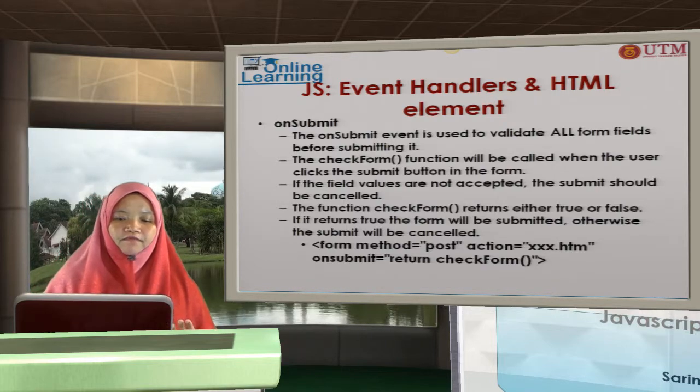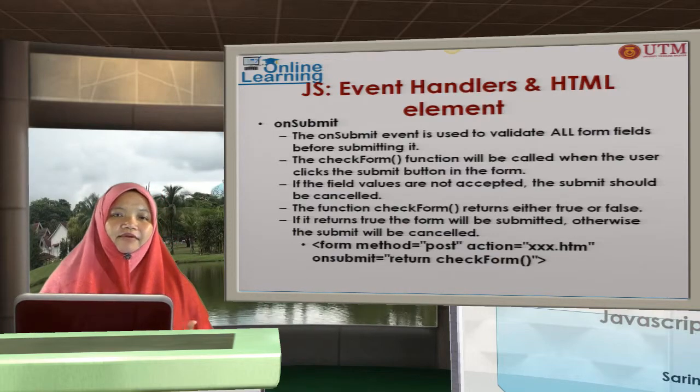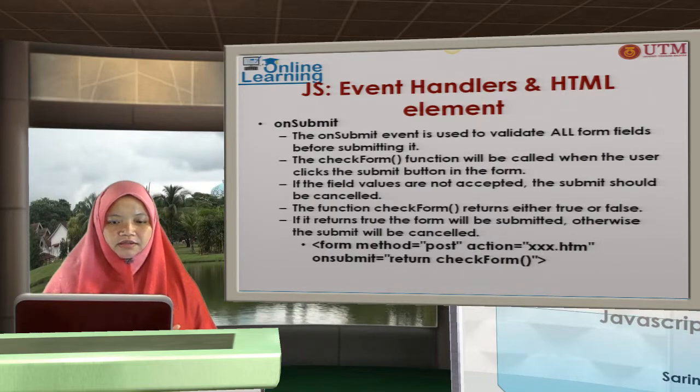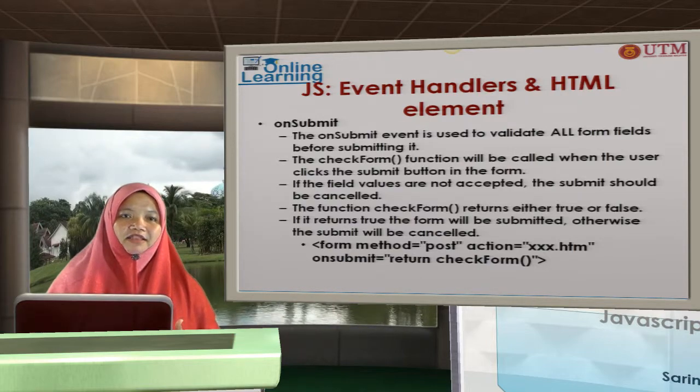If the field values are not accepted, the submit will be cancelled. The function will check the form and return either true or false. If the return is true, the form will be submitted. If not, the user can't submit the form.